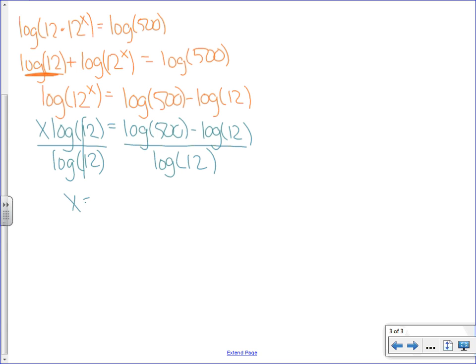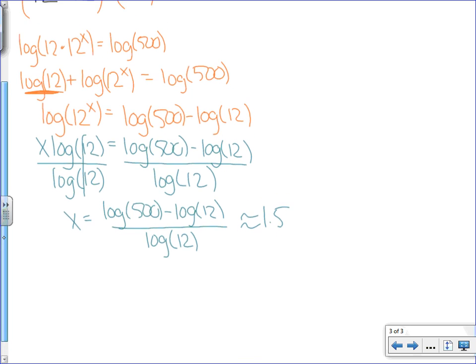And so I get that x is equal to the log of 500 minus the log of 12. And all of that is divided by the log of 12. And you put that in your calculator, you round, it's about 1.5. Alright, so that is one way to do this problem.